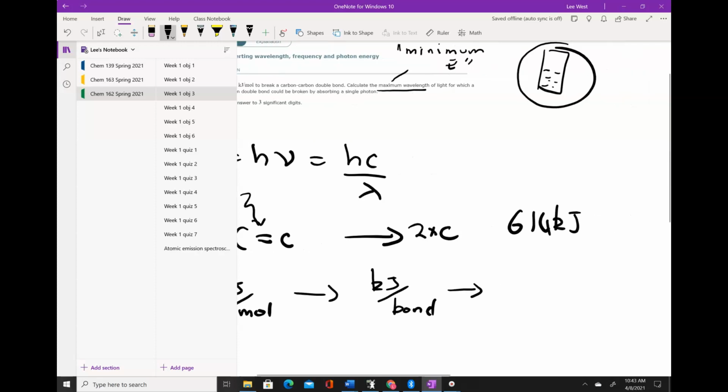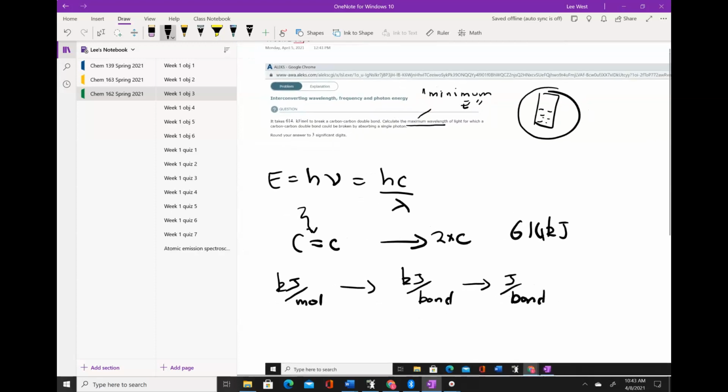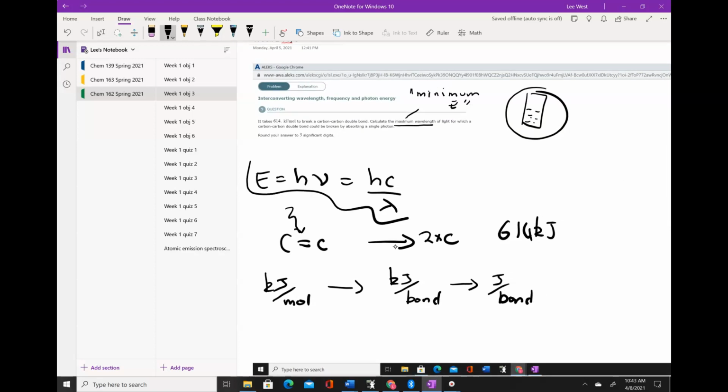Then we're going to turn that into joules per bond. And then we're going to use this and solve for the wavelength. Now, it doesn't ask for particular units for the wavelength. It says 3 significant figures.